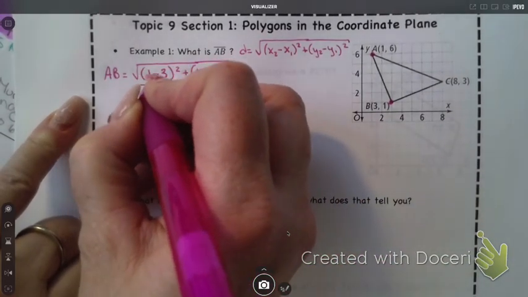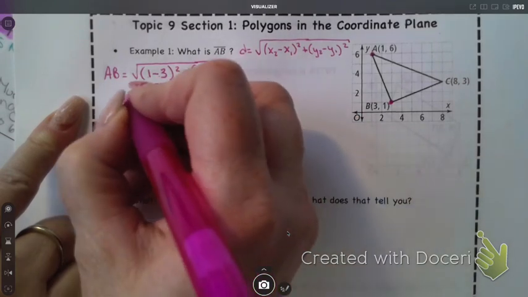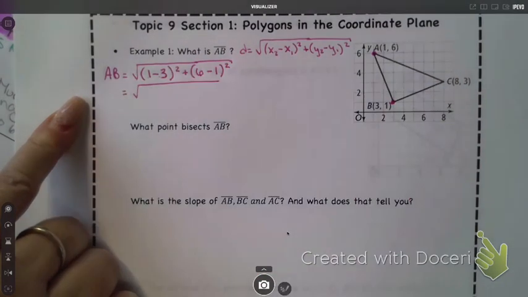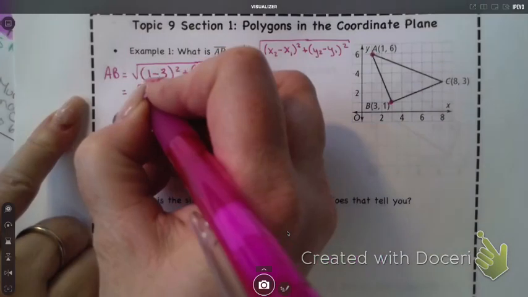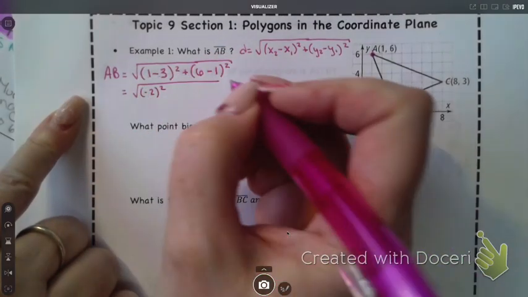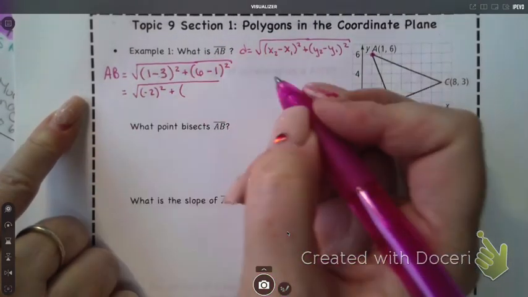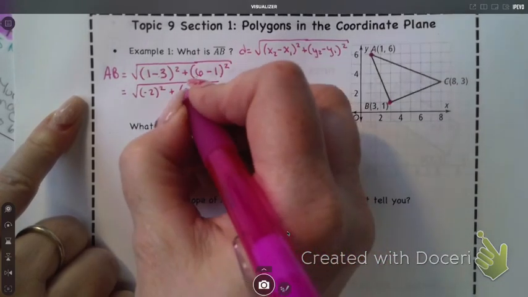Okay, so 1 minus 3 is 2. And technically it's a negative 2, but I'm going to square it. And negative 2 squared and 2 squared, what do I get? 4. So does it really matter that it's a negative 2? No. But I'll write it this time. Okay, plus 6 minus 1? 5.